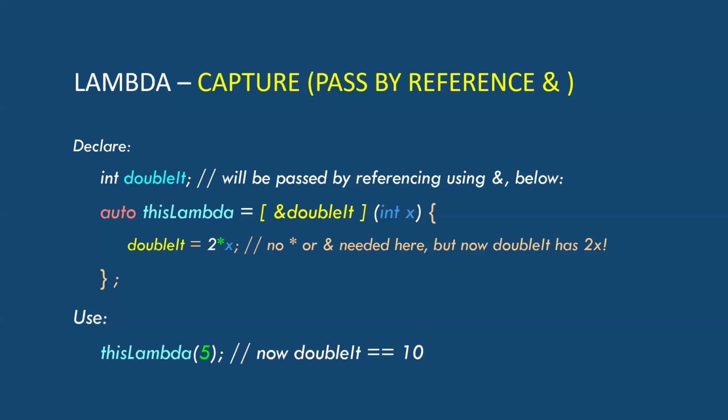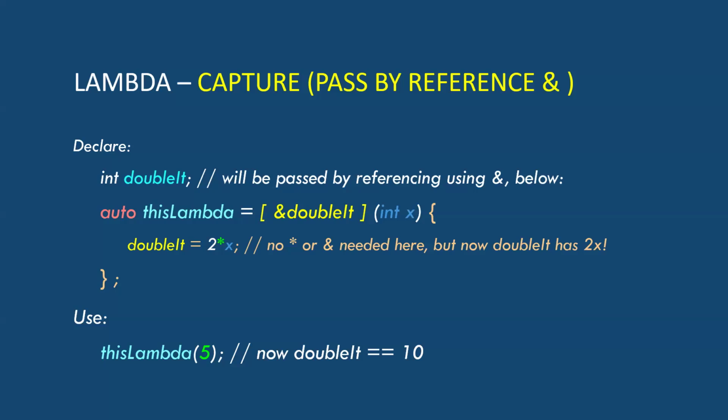So here, when we call this lambda with 5, double it is going to become 10 as a result of calling that function. That's kind of trippy because there's no double it in that line of code. But if you go back and look at your lambda, you can see what it's doing, okay?